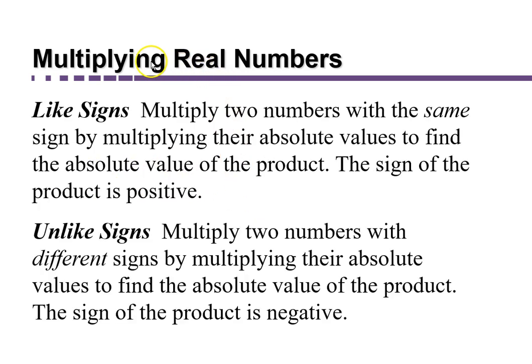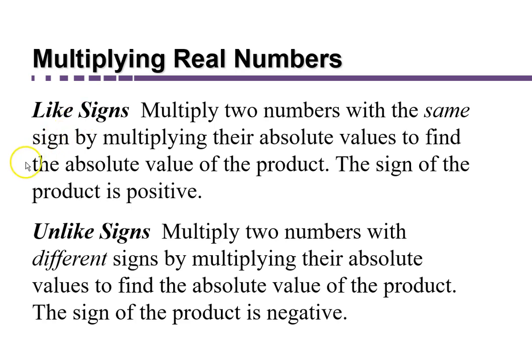Now, when we multiply real numbers, if the signs are the same, like signs, that is, two positives or two negatives, the result is positive.